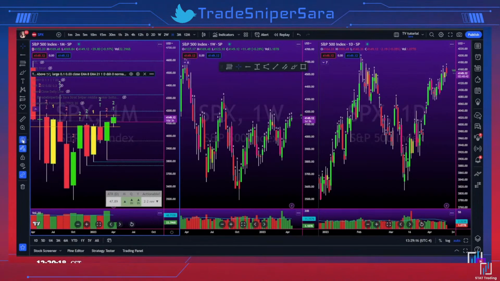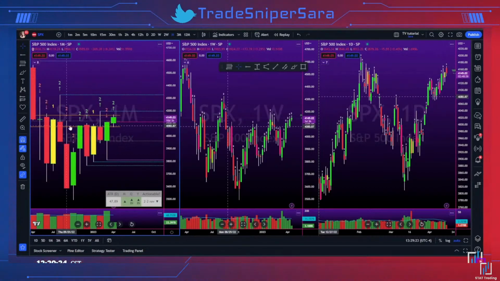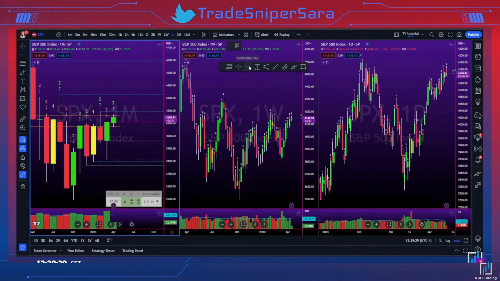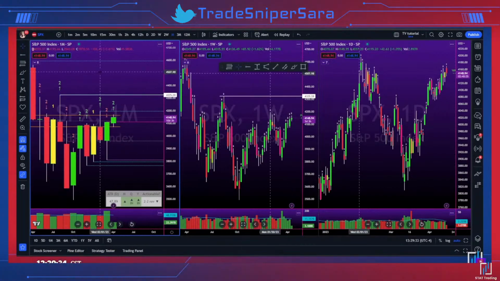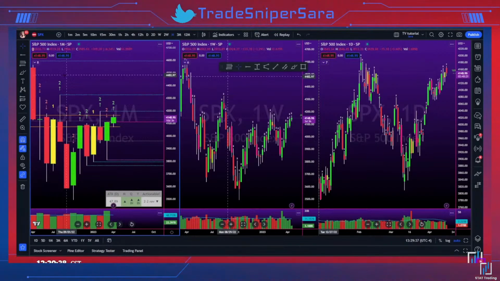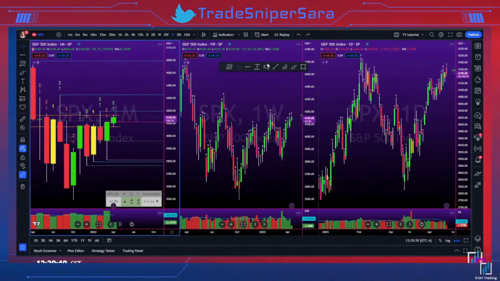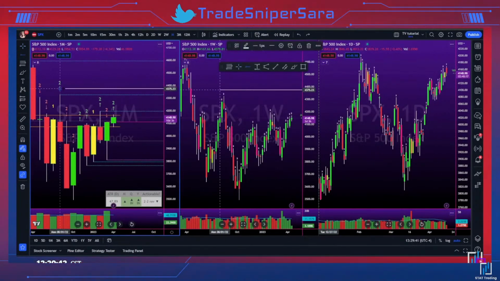And I forgot to mention this, magnet mode. I always have my magnet mode on because I want my drawing tools to snap to candle highs and candle lows. So for instance, if I was to get a line, it snaps automatically to that candle's high. And if you turn it off, I'll show you, it doesn't snap at all.